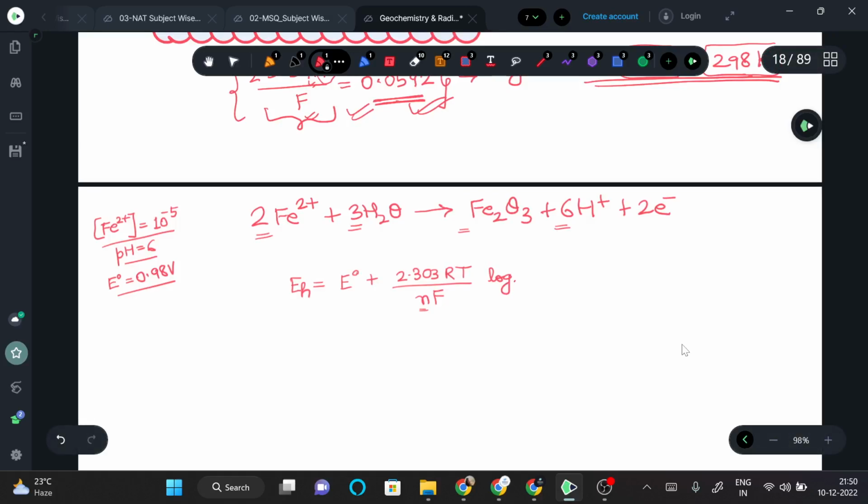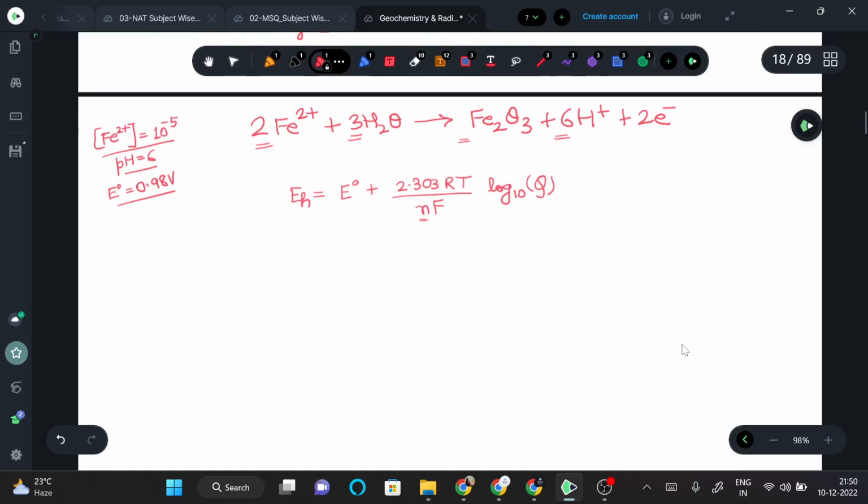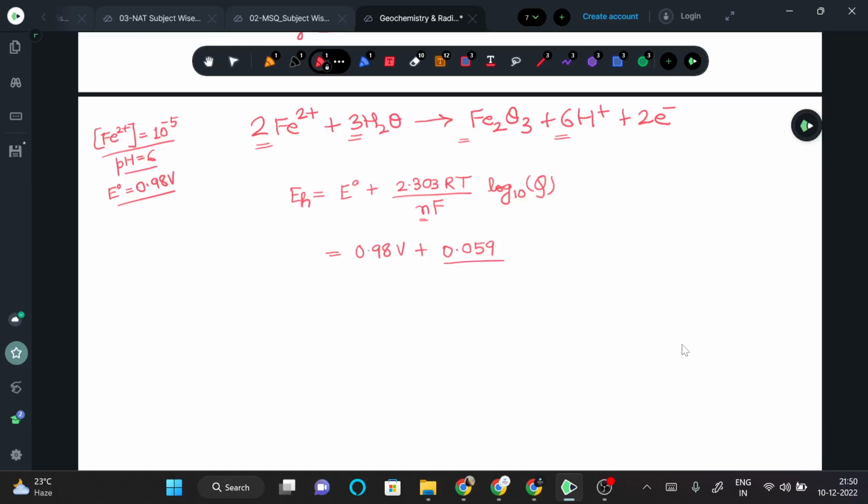Here we had log base 10 Q. So EH will be E naught, we have 0.98 volts plus, here we can directly write 0.059, right? Divided by N. What will be N over here? Can anyone tell me? What will be N?